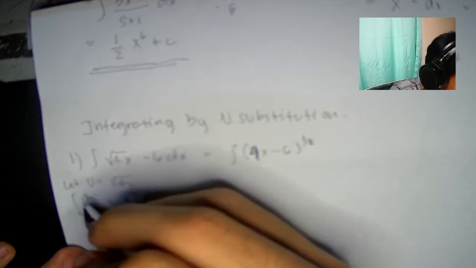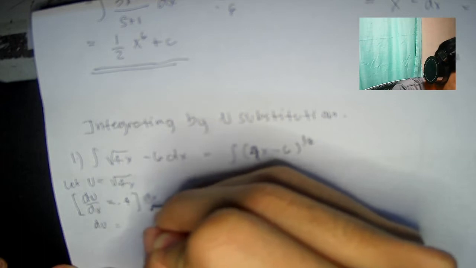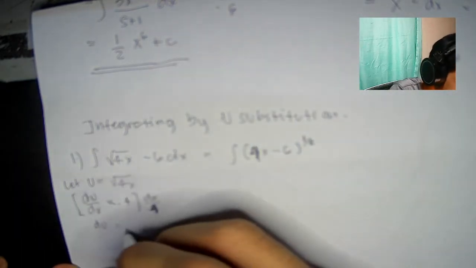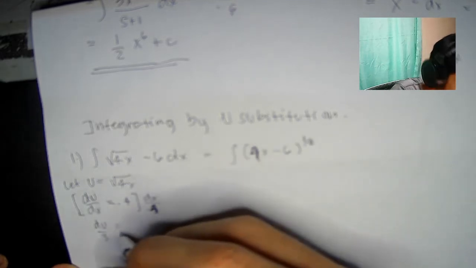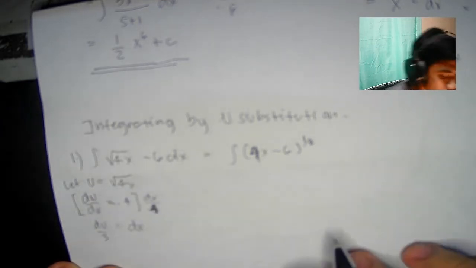Another thing you'll find is your du and your dx. You have your du here, so du over 4, not 3, so dx is du over 4.